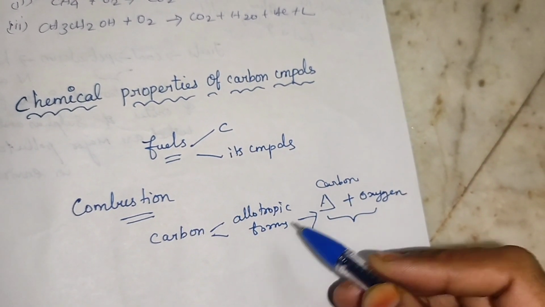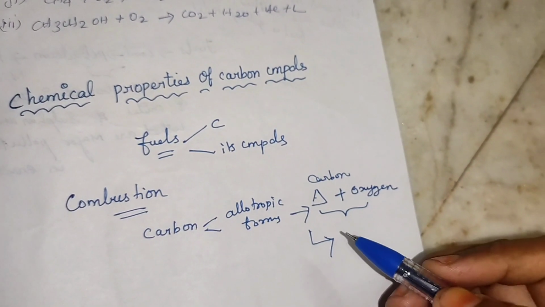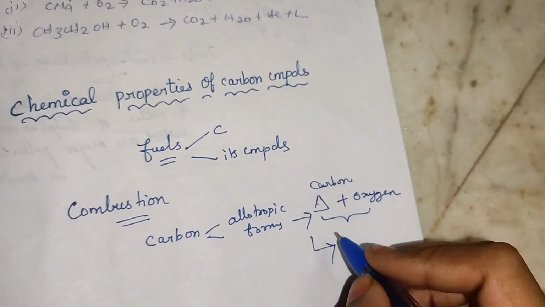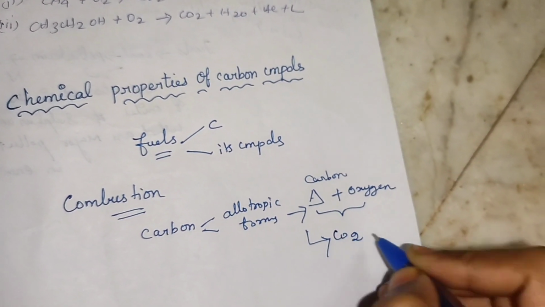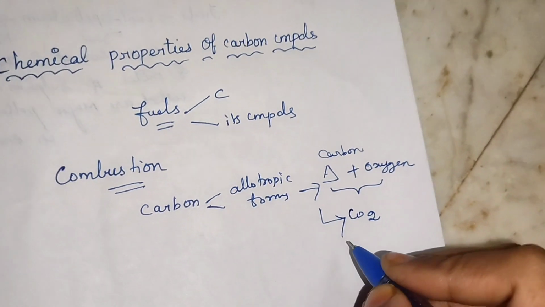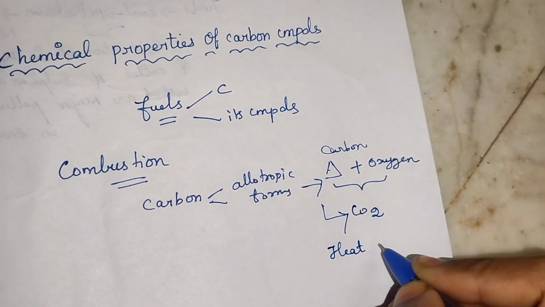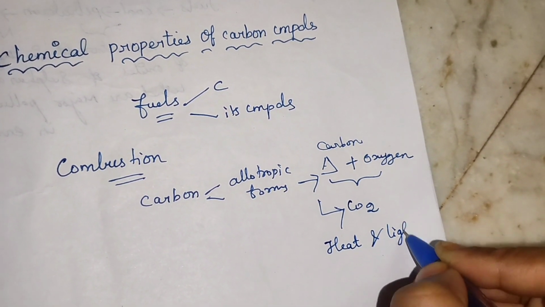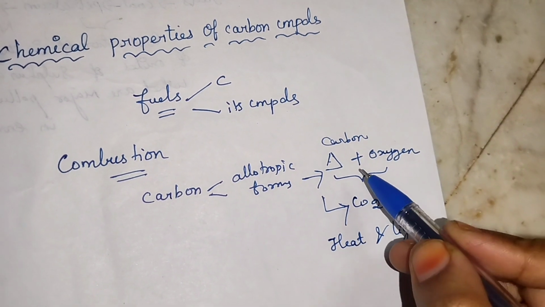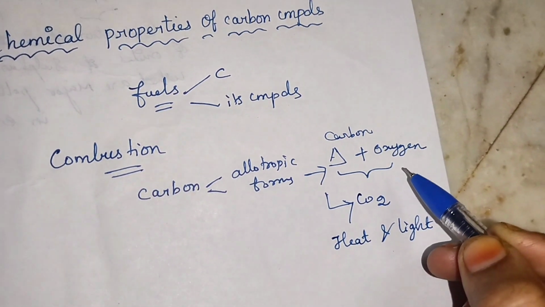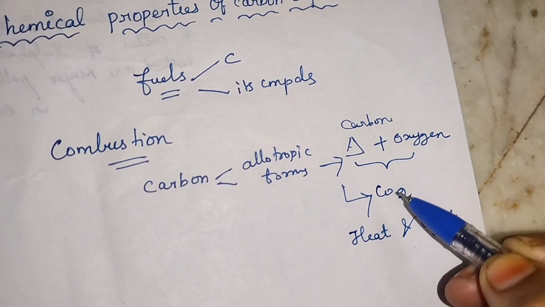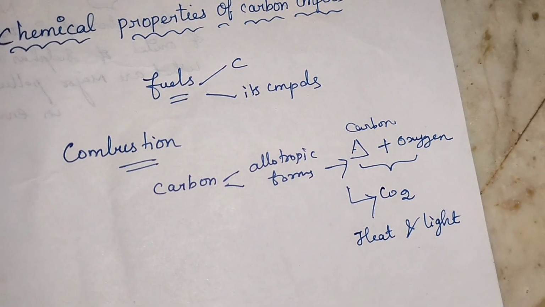Carbon dioxide is formed and it releases a high amount of heat and light. When carbon is burning with oxygen, carbon dioxide is formed and it also releases heat and light.